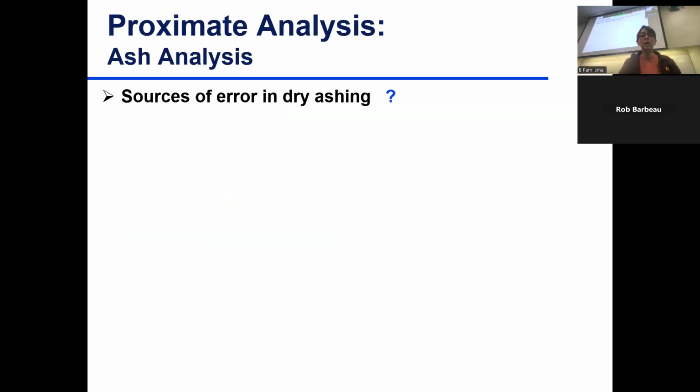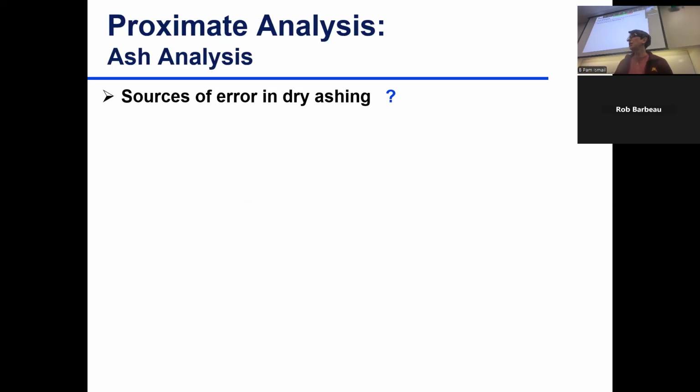All right, so what are some sources of error that you think can happen for dry ashing? We did talk about a couple. Yeah, charring, or the water splattering, loss of volatile minerals, contamination.